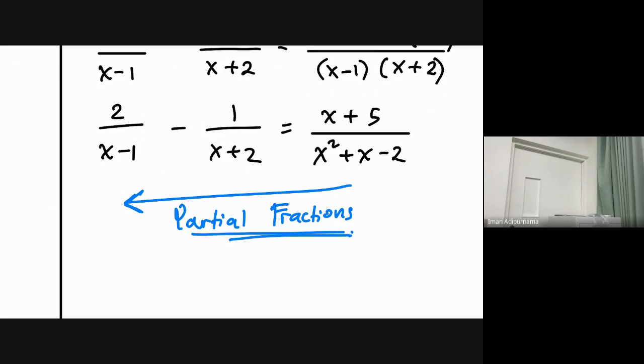And then you can integrate each fraction easily. So that's the idea of partial fractions.